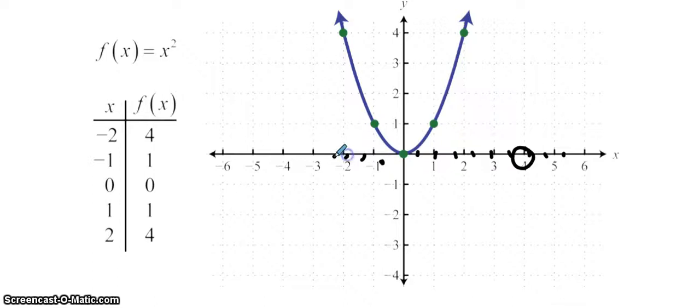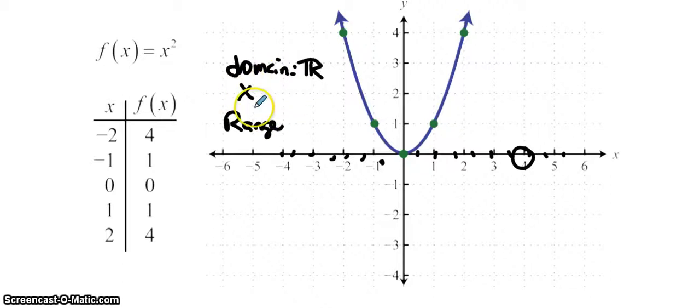However, even though I would say that the domain, my x values here, could be all real numbers, what do I get for a range? Well, when I plug in all of my possible x values, my y values are only going to be those values greater than or equal to 0. I can't get a negative y value from squaring x.